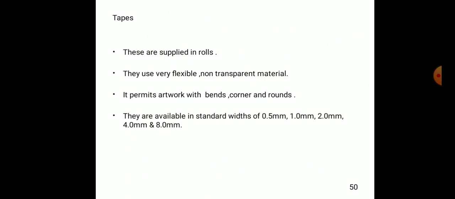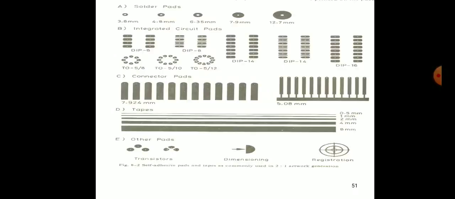All these are possible with tapes. They are available in standard widths of 0.5 mm, 1 mm, 2 mm, 4 mm, 8 mm. You can see solder pads, integrated circuit pads, connector pads, and other pads, transistor dimensioning. These are the different types of layout methods we have.